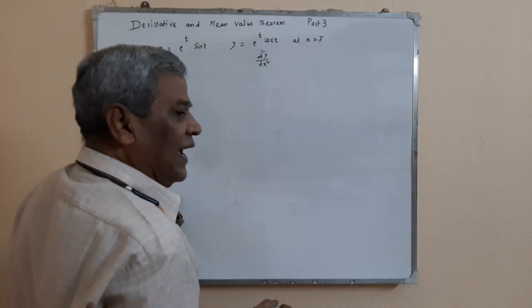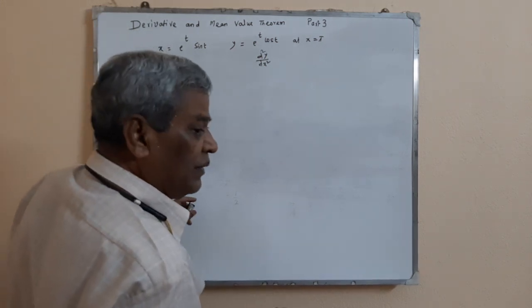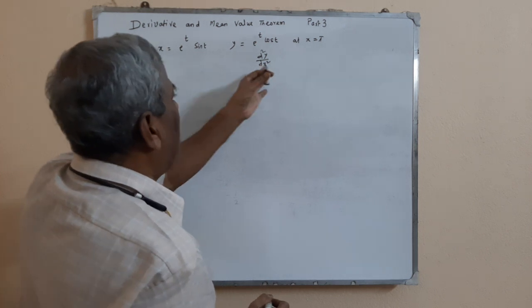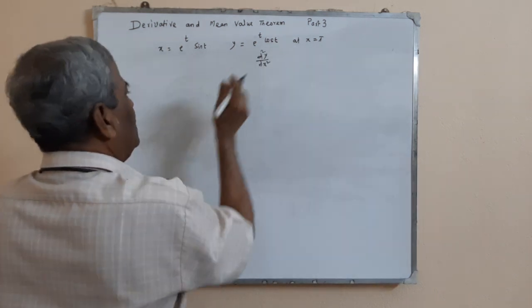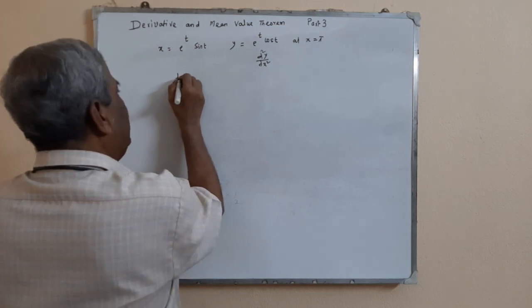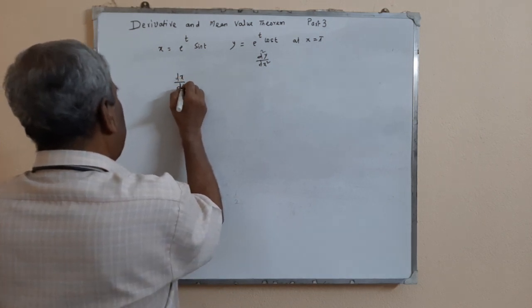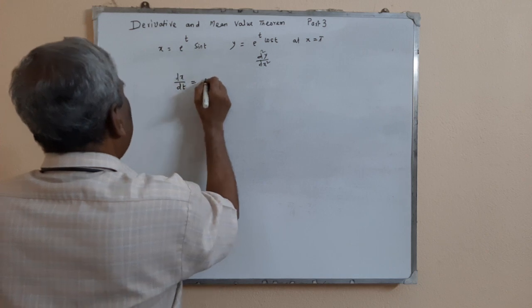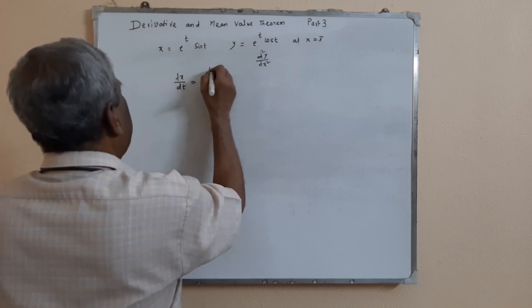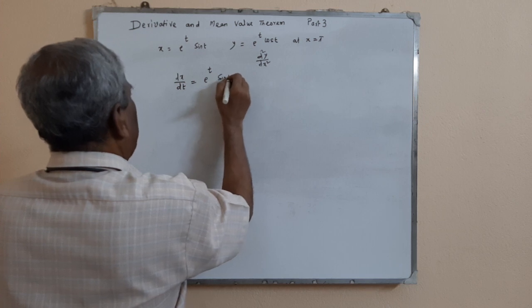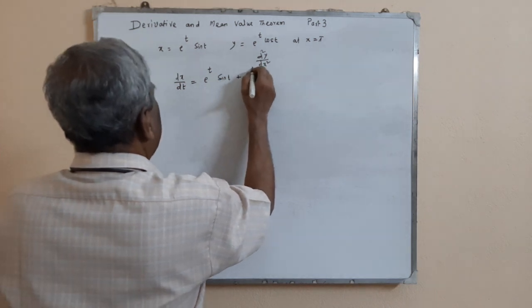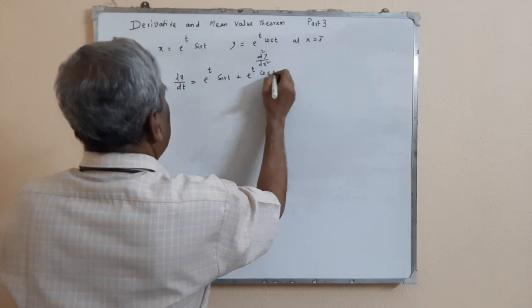As before, in my last class, we have taken a problem like that. It is a parametric function, so we have to calculate dx dt, which is equal to the derivative of e to the power t, which is e to the power t into the second factor, plus the first factor intact into the derivative of the second factor.